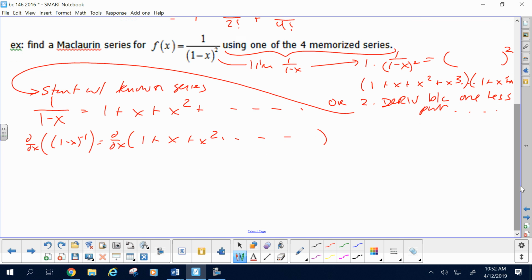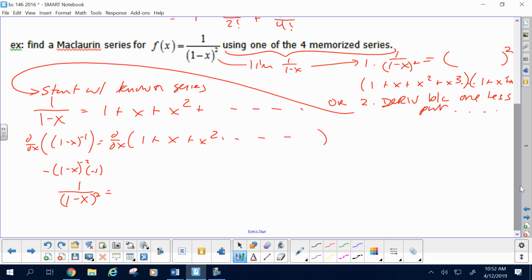On the left, what is the derivative there? Negative 1 minus x to the negative 2 times an inside chain rule derivative of negative 1. Now that's actually perfect, because that means, without any kind of playing around with it or having to make changes, I am getting what they asked about, 1 over 1 minus x squared.